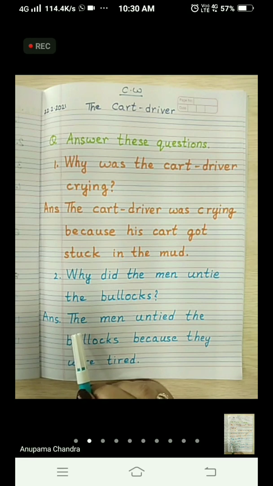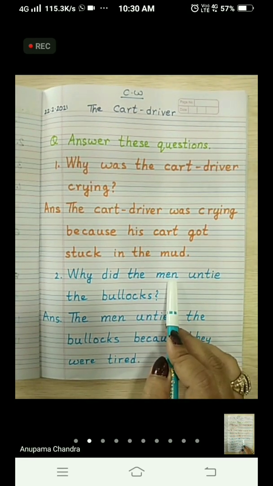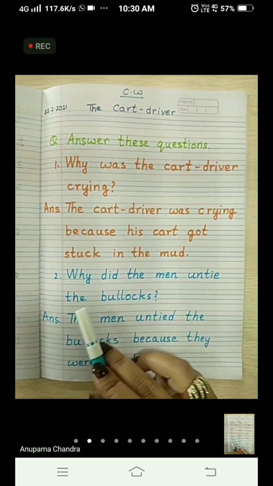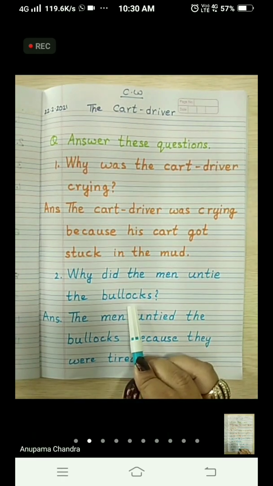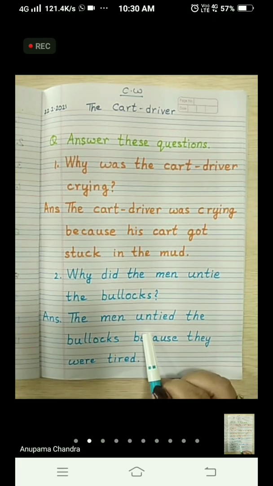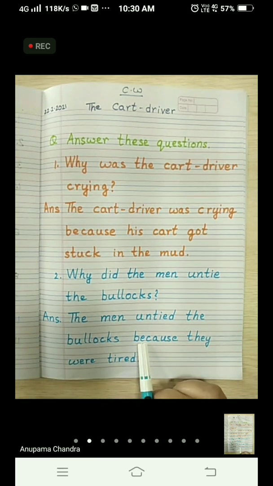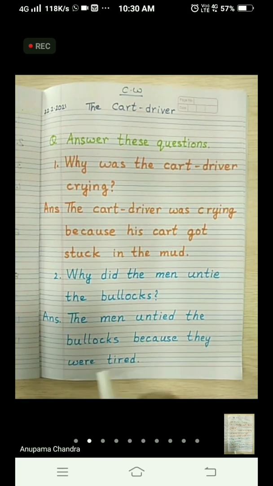Once again, why did the men untie the bullocks? The men untied the bullocks because they were tired.